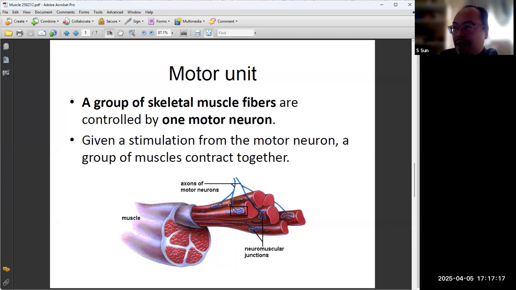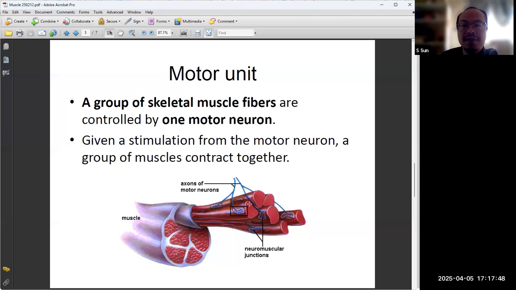Each boss, or team leader, has team members. We call this team a motor unit. So a motor unit is one motor neuron that handles, activates, or operates more than one muscle fiber.